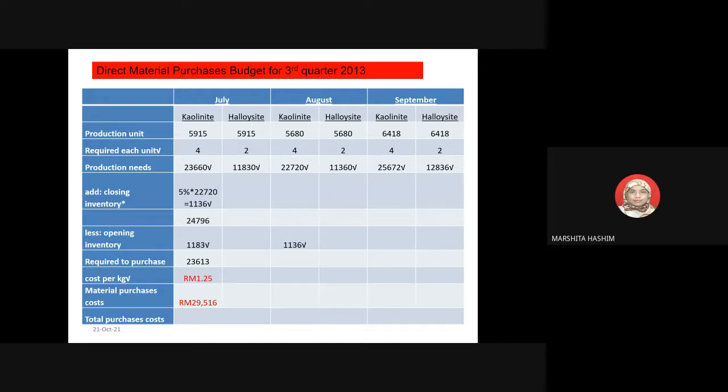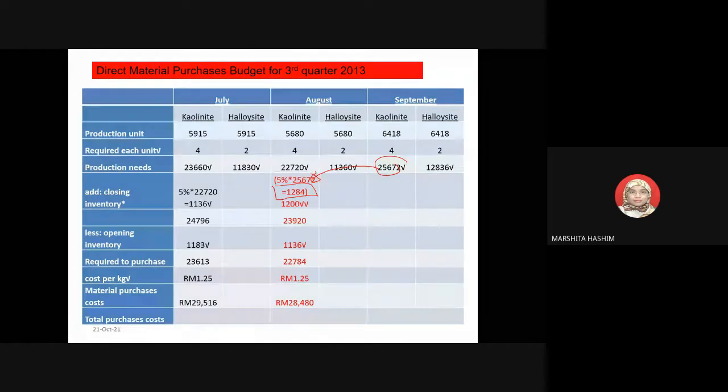Okay, and then you do August, still kaolinite. For August, you multiply this figure by 5%, and the answer is 1,284. Remember, based on the question paper just now, the company keeps material at a maximum of 1,200 kilograms only.